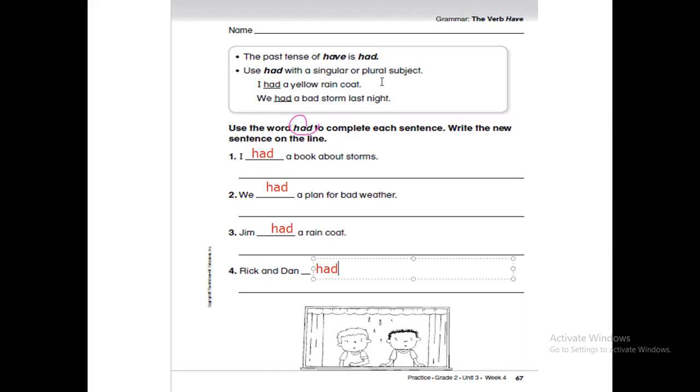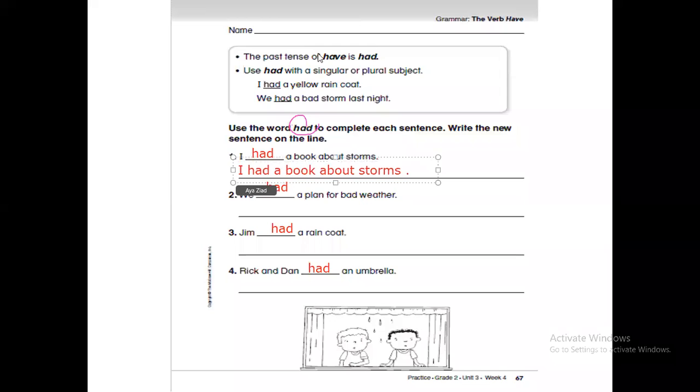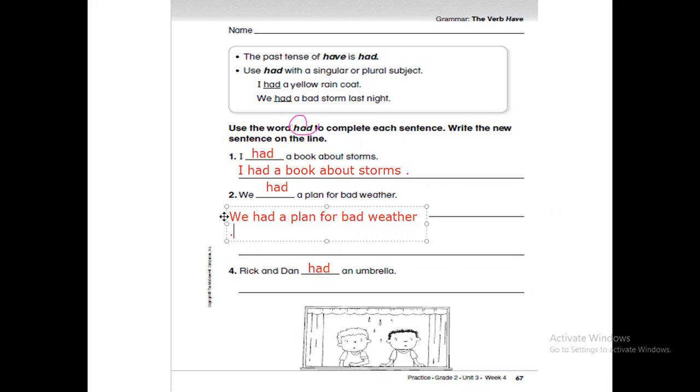I want you to notice that we used had with all the subjects, with the singular subjects and the plural subjects. So let's write, I had a book about storms. Number 2, we had a plan for bad weather.